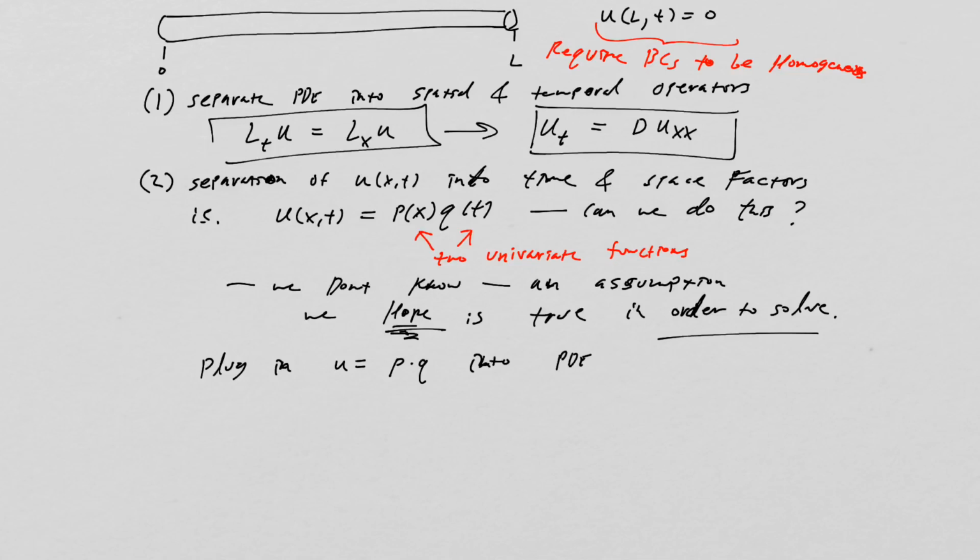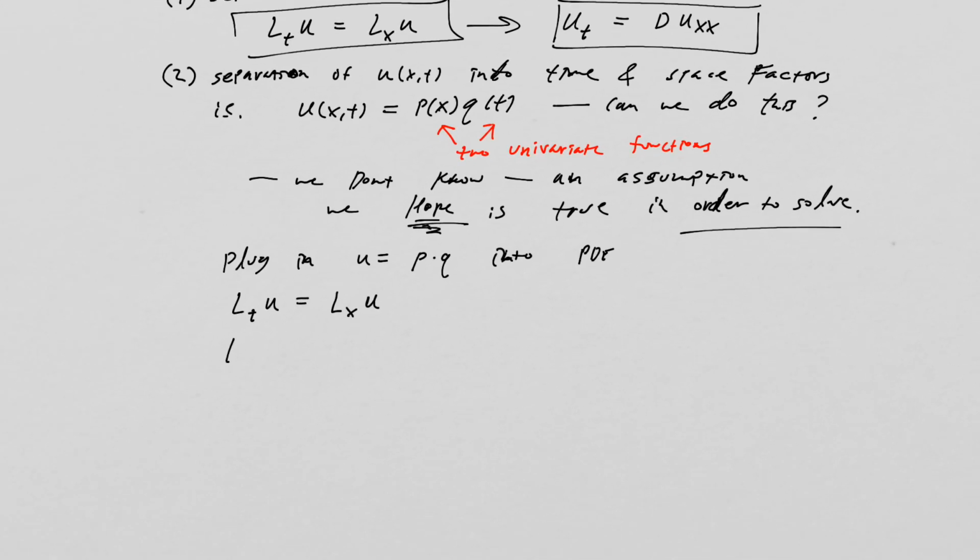All right. So in this particular case, we're going to take LT U is equal to LX U. Actually, let's be a little bit clearer about what we're doing here. Remember, this is P of x, Q of t, and that is equal to Lx of P of x, Q of t.